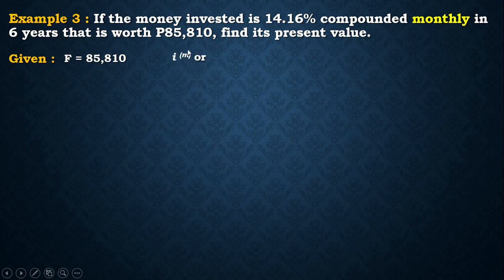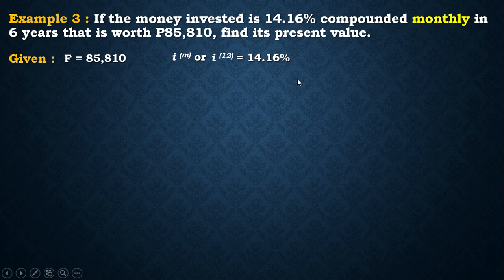And then we have to find for the nominal rate or the annual rate. Pag sabing annual rate or the rate, that is talking with the interest. So pwede natin i-substitute yung M. That is 12. Bakit 12? Kasi kung makikita natin ito, compounded monthly. So, monthly is equal to 12. So, ito po siya. So, ang interest rate natin or the nominal rate is equal to 14.16%.